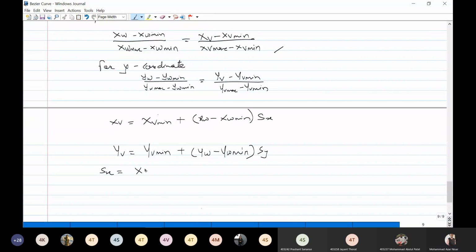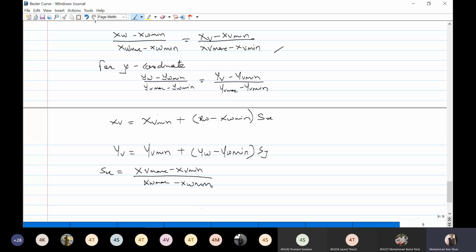Sx equals xv max minus xv minimum divided by xw max minus xw minimum.